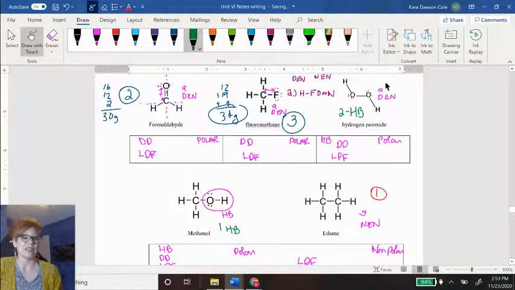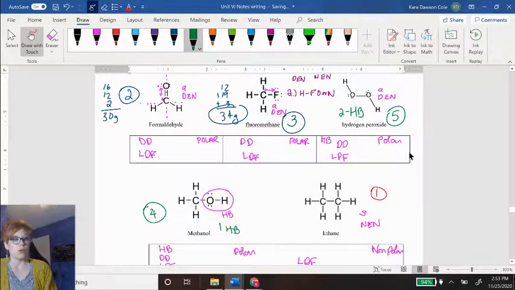So I would say that hydrogen peroxide would have a higher melting point than methanol. So this guy would be 4, and this guy would be 5. So the order: ethane has a lower melting point than formaldehyde, which is lower than fluoromethane, which is lower than methanol, which is lower than hydrogen peroxide.